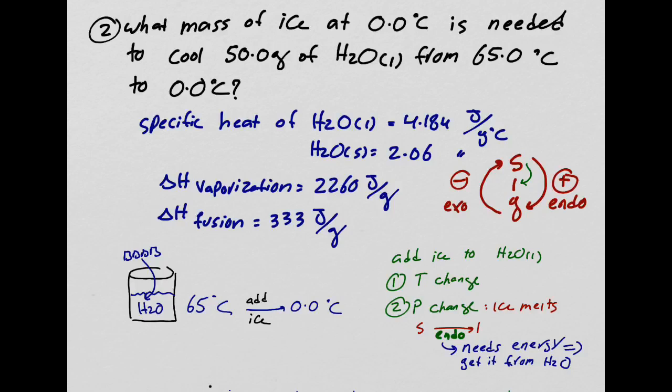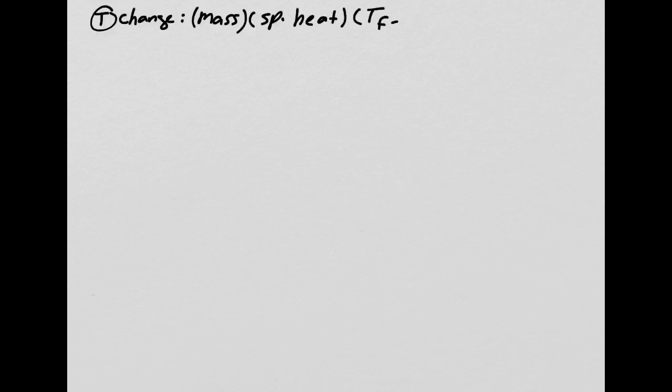Beautiful. Now, we said that we are going to have a T change. So if I have a T change, I know the formula: energy equals mass times specific heat times T final minus T initial. Now, water did a T change.